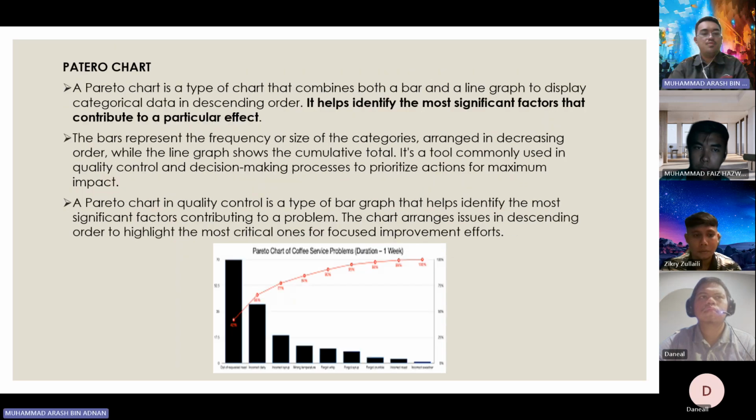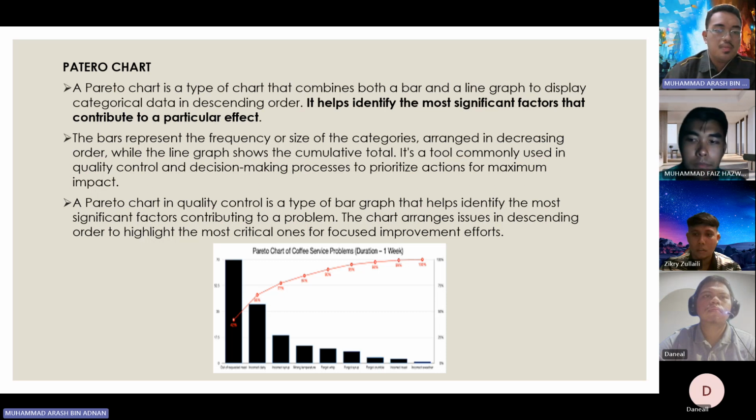Next is Pareto chart. A Pareto chart is a type of chart that combines both a bar and a line graph to display categorical data in descending order. It helps identify the most significant factors that contribute to a particular effect. The bars represent the frequency or size of the categories, arranged in decreasing order, while the line graph shows the cumulative total.